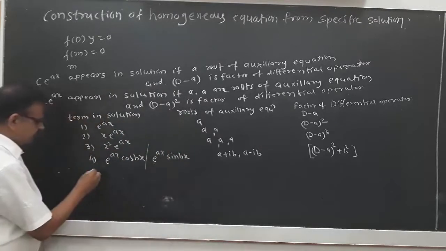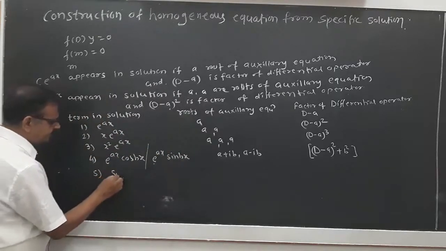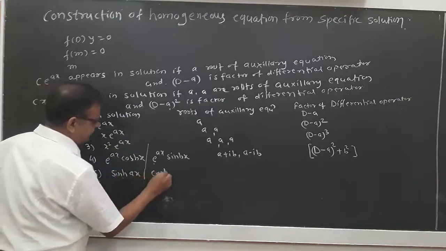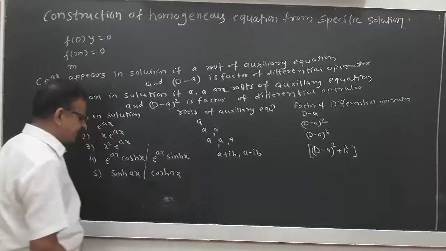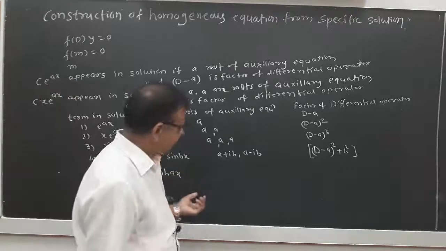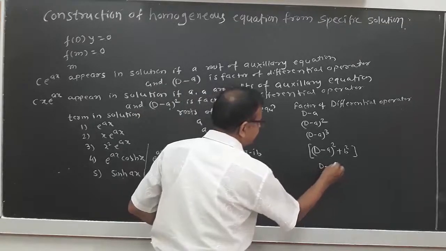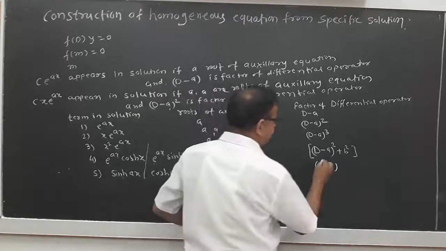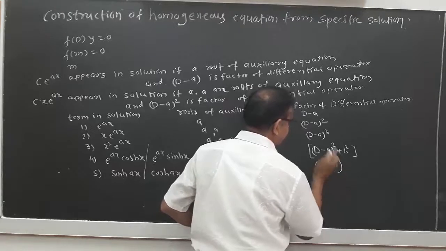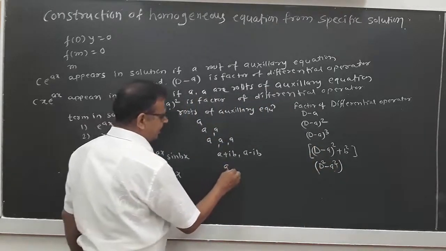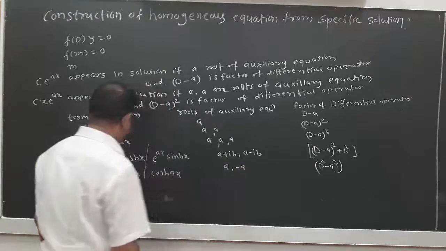Now, sinh of ax and cosh of ax, hyperbolic functions, appear in the solution if and only if D squared minus a squared is a factor of the differential operator, and a and minus a are the roots of the auxiliary equation.